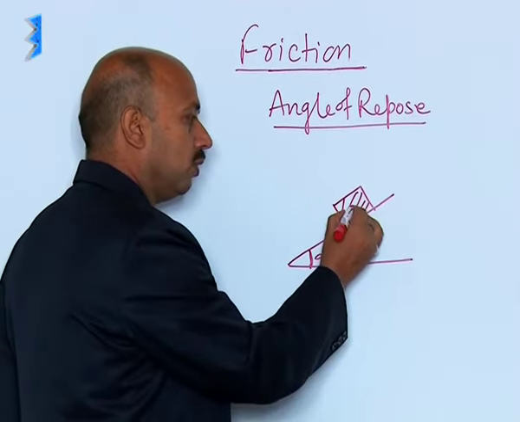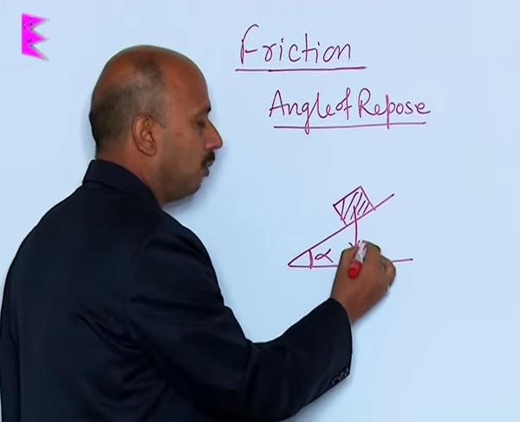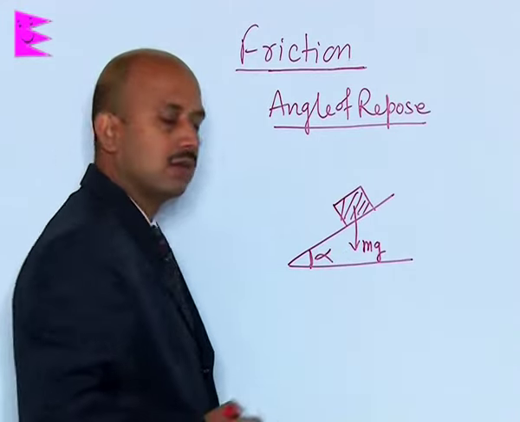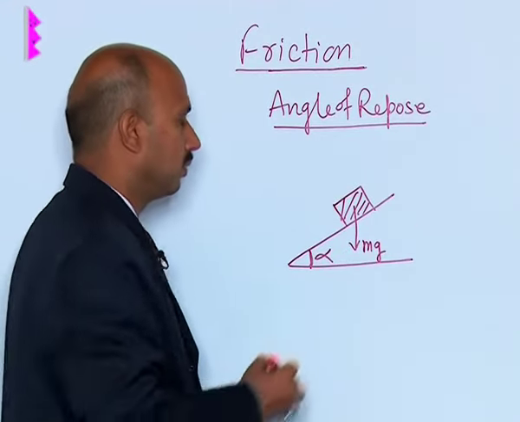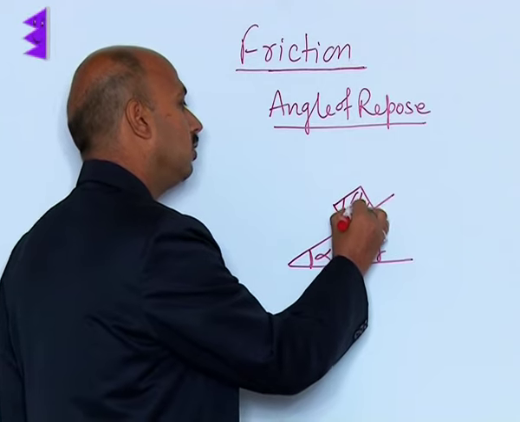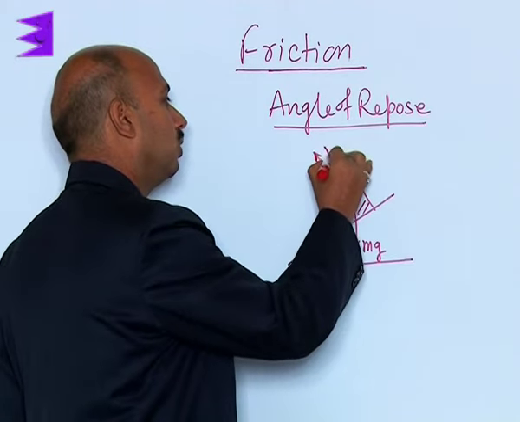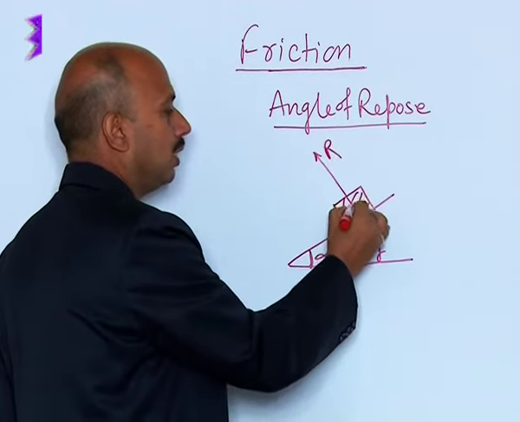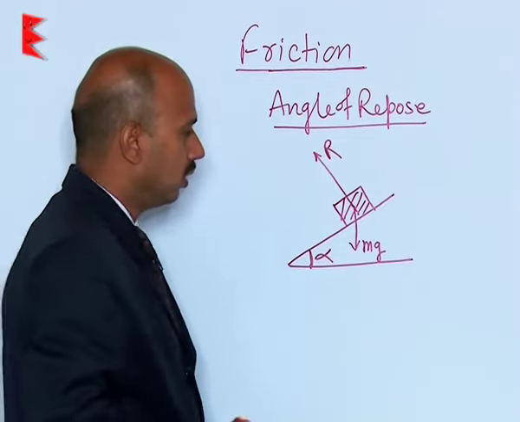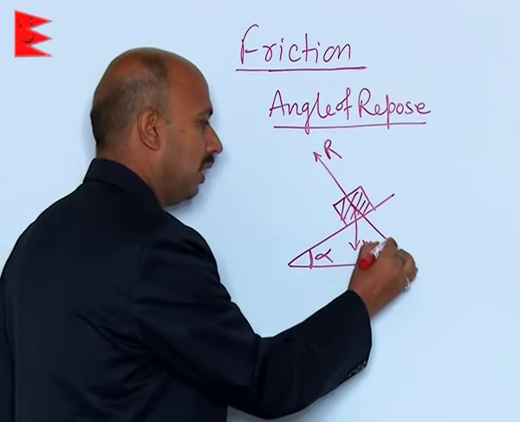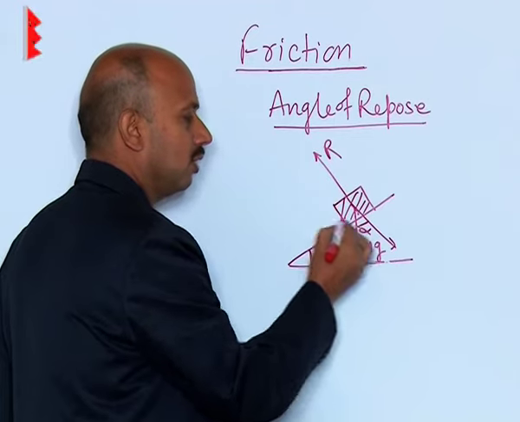So, we can take here the weight of this body acting vertically downward. This is normal reaction acting to this side, perpendicular to the contact surface. This is alpha.